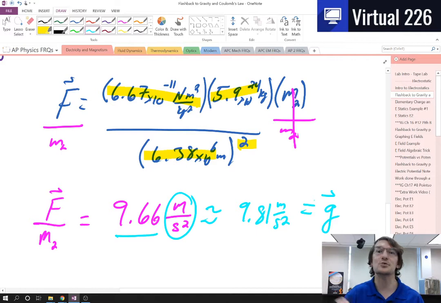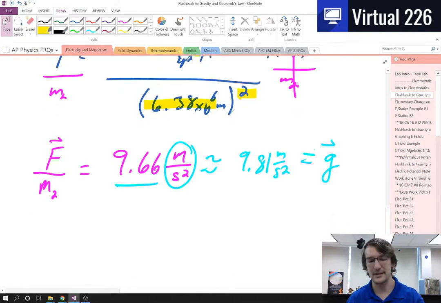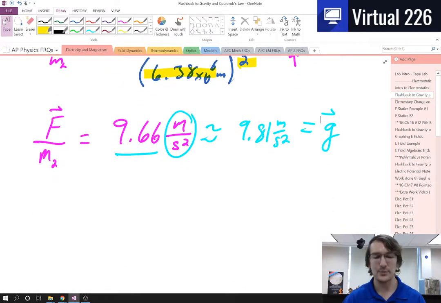That's the acceleration due to gravity there, okay? It is an important thing to recognize that the acceleration due to gravity here on Earth, that 9.81, while it is an acceleration, that is a force per unit mass.